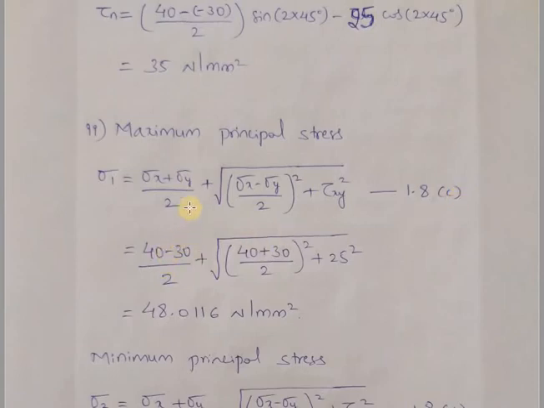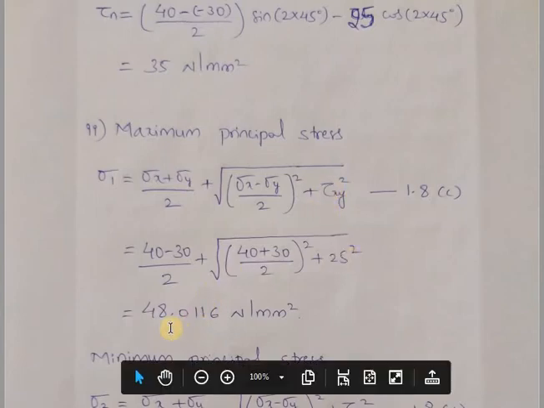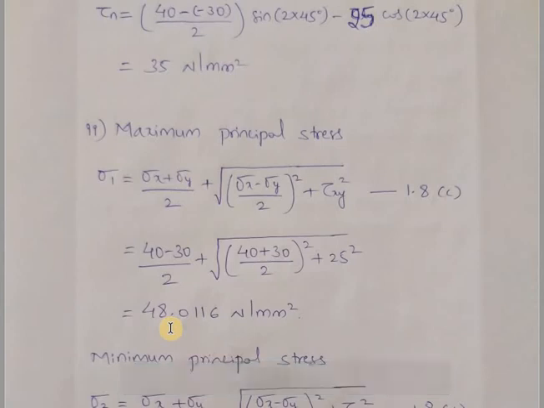Just remember, sigma y in this problem is compressive in nature, therefore we consider it as negative. So 30 minus 30 divided by 2 plus, substitute the values here, minus minus will become plus, tau xy value is 25, you will get maximum principal stress as 48.0116 Newton per mm square.